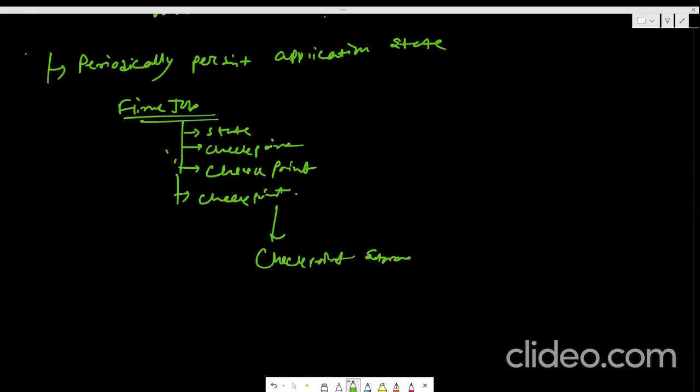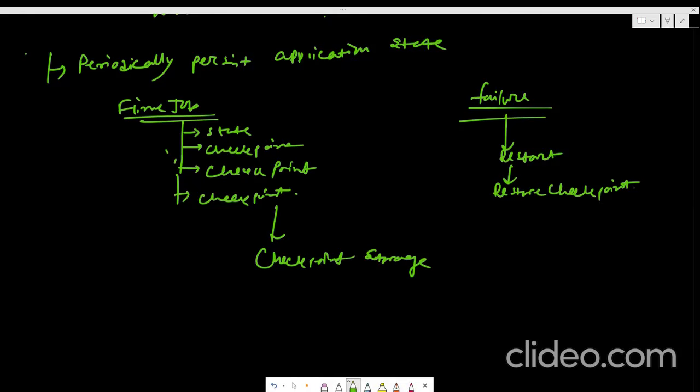If a failure occurs, suppose some worker crashes, then it will try to restart. Then it will restore the checkpoint and continue the processing. So this is critical for enterprise data pipelines.